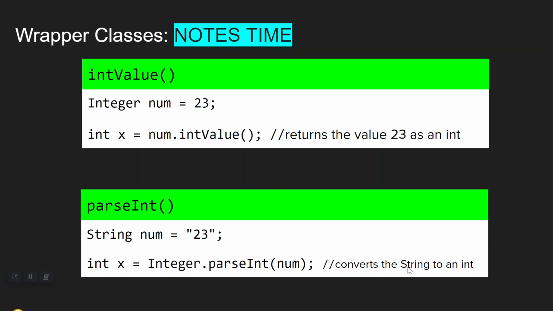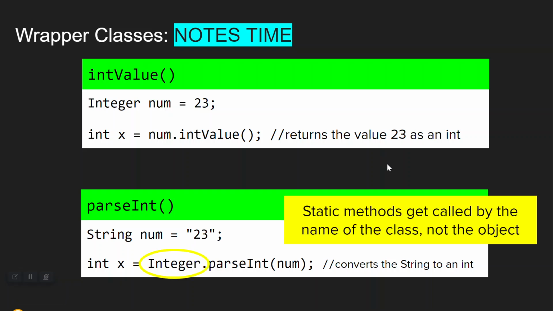And again, that's going to convert the string to an int, and it's going to save it as an int. So really, both of these methods, intValue and parseInt, convert a value into a normal int, the primitive data type. This one up here converts the integer object into a primitive data type. This one down here, parseInt, converts a string version of an integer into the normal primitive data type.